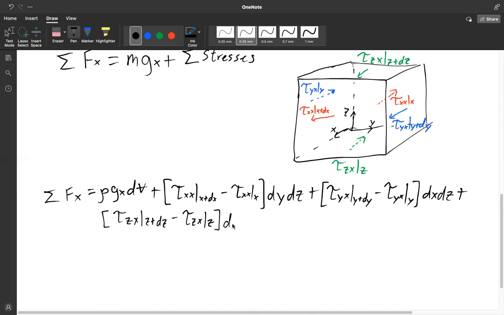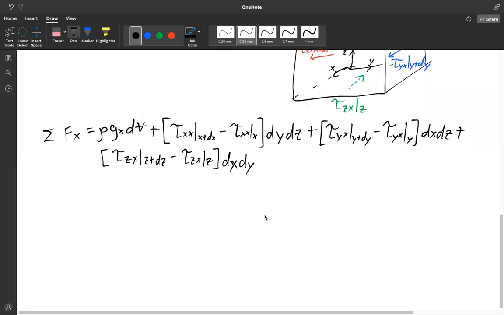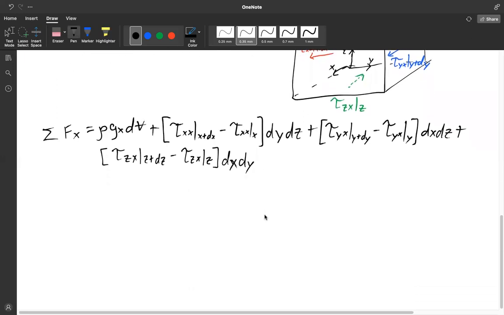This will be multiplied by dx dy. And since we are subtracting the stresses at an infinitesimal volume, we get the following.